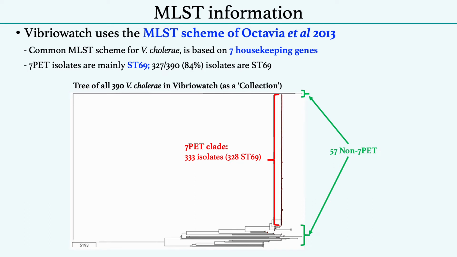If we look at a tree I've made here of all the Vibrio cholerae that are in Vibrio Watch so far, you can see that the 7 pandemic isolates form a clade shown with the red bar, and that almost all of these are sequence type 69. There are also a couple of clades of non-7 pandemic isolates indicated with the green bars.